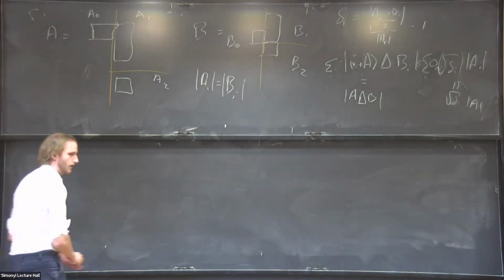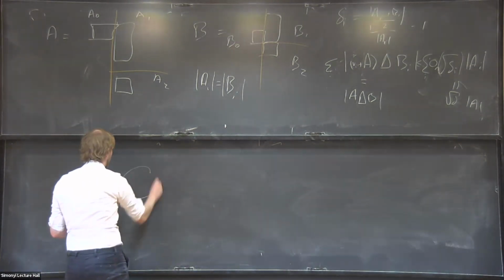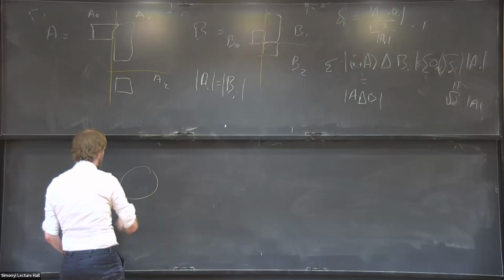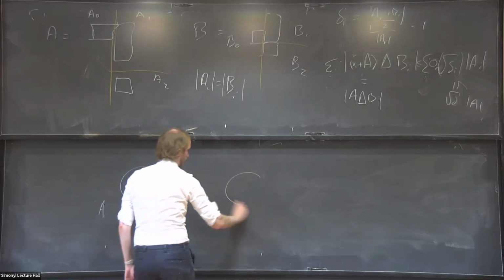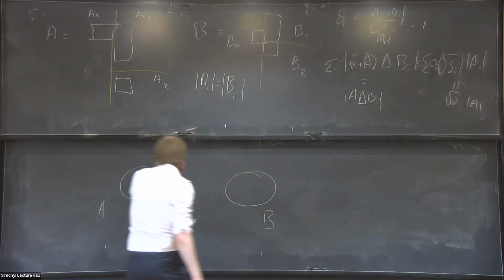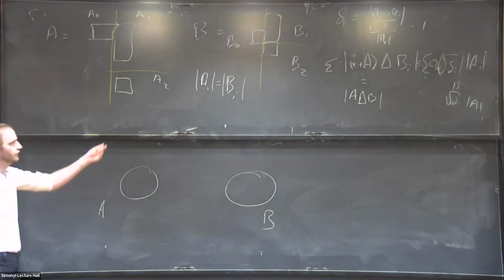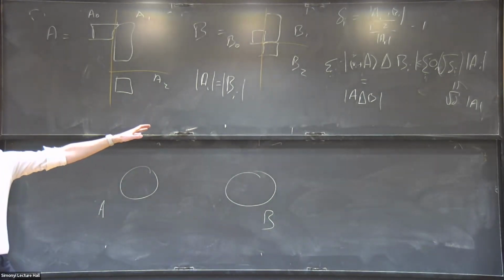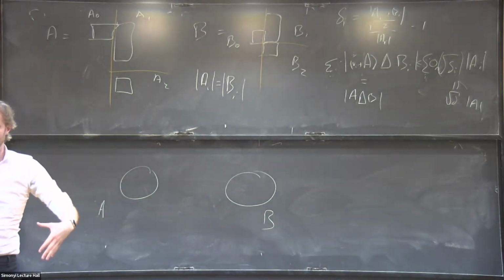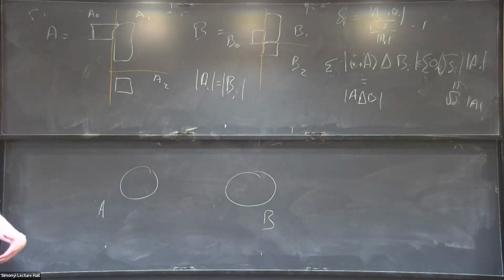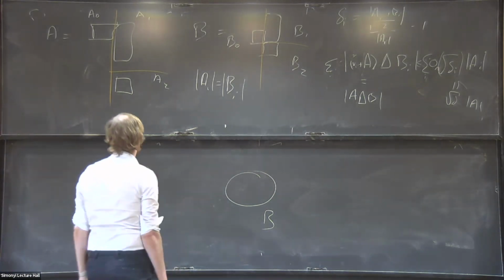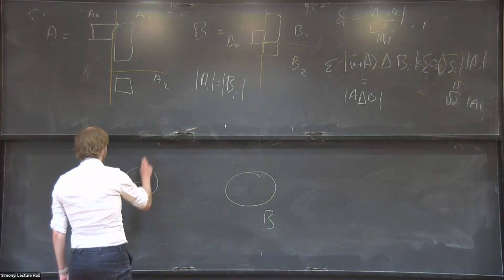I will throw one valuable word at you, which is that if I have my set A and my set B, how am I going to use a concept like this? Some concept where I'm going to cut it into smaller pieces that are easier to deal with, but still get the translation right, is going to be cones.